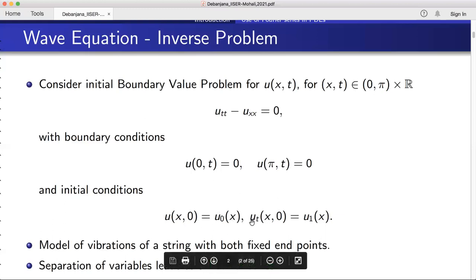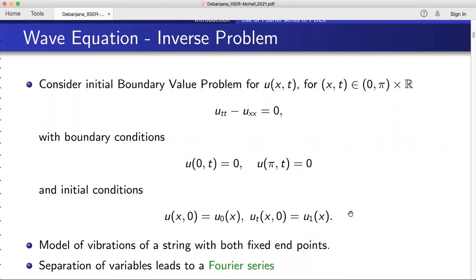And since it is second order in time, you need another initial condition, so we pose the initial data at t equal to 0 for u_t. u_t is the t derivative of the function u, and that is equal to u1. So this is the formulation of the PDE.